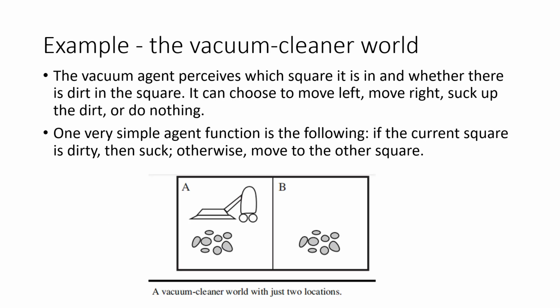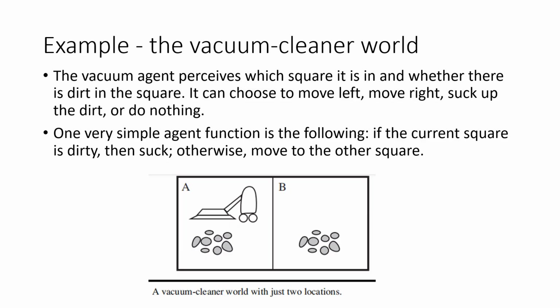So we will see the example, vacuum cleaner world. The vacuum agent perceives which square it is in and whether there is dirt in the square, and it can choose to move left, move right, suck up the dirt or do nothing. You can see in the figure, there are two squares A and B and one vacuum agent.